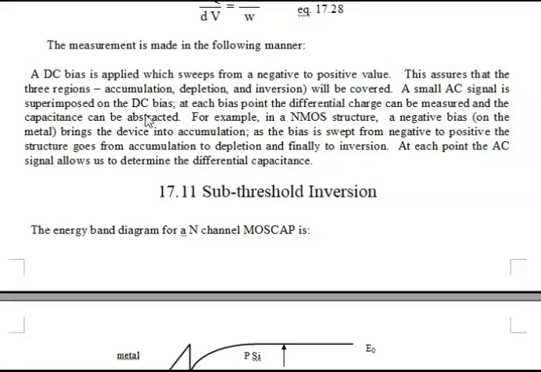We have to have a DC bias, because the DC bias puts us in depletion, where we want to be. So, for example, in an NMOS structure, a negative bias brings us into accumulation generally, which is not such a big deal, but a positive bias brings us into depletion, and then we can measure the differential capacitance.